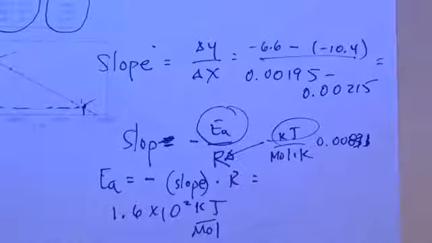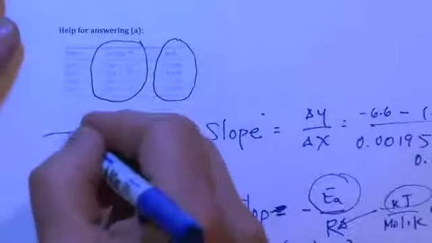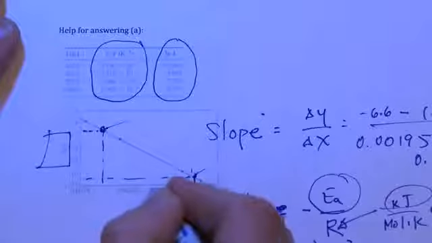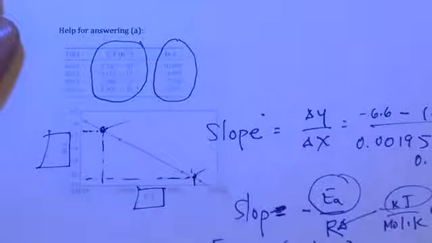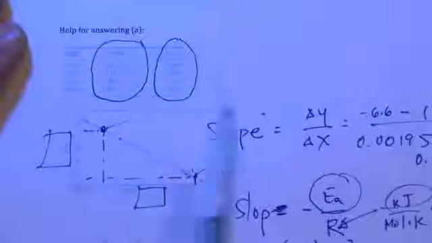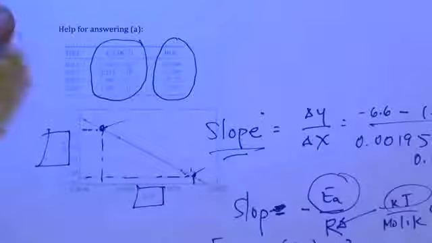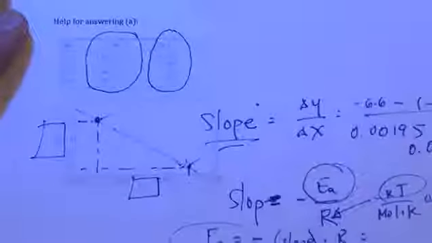Anyway, the point is not that you can tabulate all this and have your calculator graph it and find the slope for you, but that you understand that the natural log of the rate constant versus the inverse of the temperature will allow you to get a straight line, and that the slope is a way to find the activation energy. Well, it didn't look so easy, but eventually it is pretty easy.